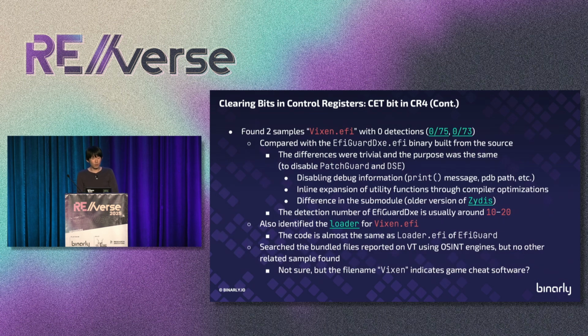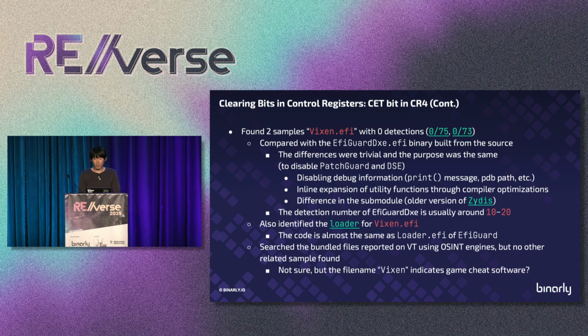As a result, we found 2 samples named Vixen EFI with 0 detections. So we compared the samples with the EFI Guard binary built from the source, but the differences were trivial.